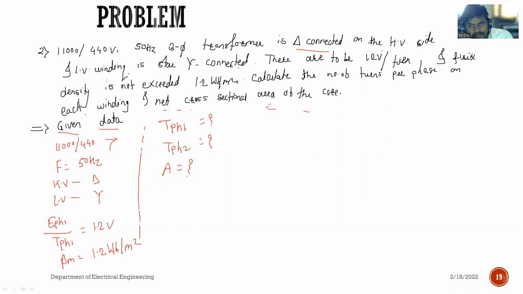9175. 9175. TPH1 9175. 9175. ठीक आहे. We will verify. How you calculated? कसे calculate केले? First calculate area. First calculated area. How much value of area? 0.0045. 0.0045 or 045?